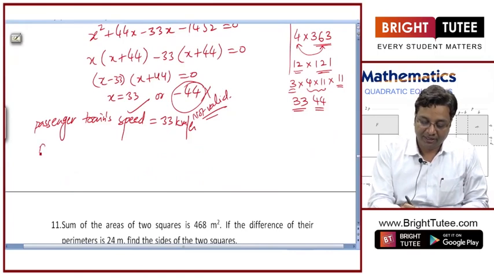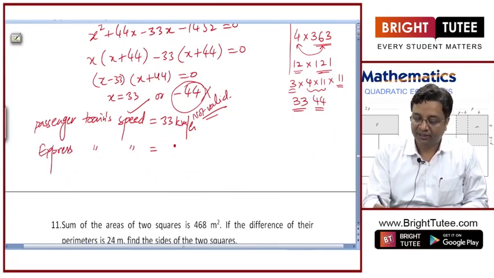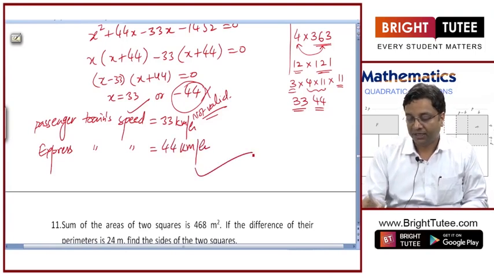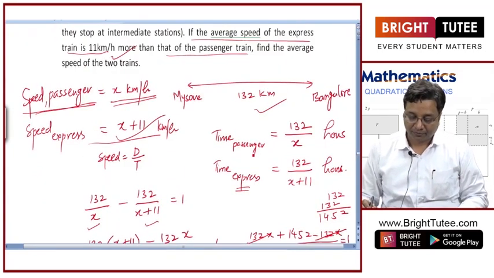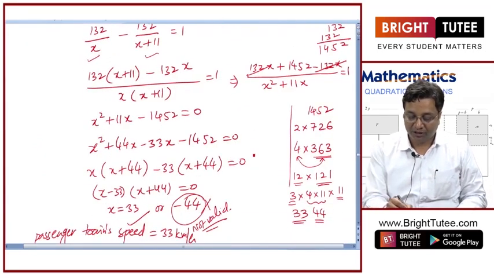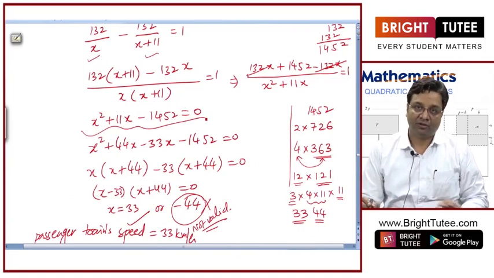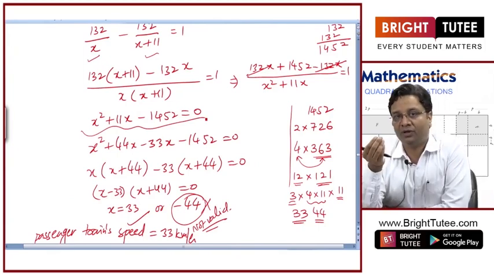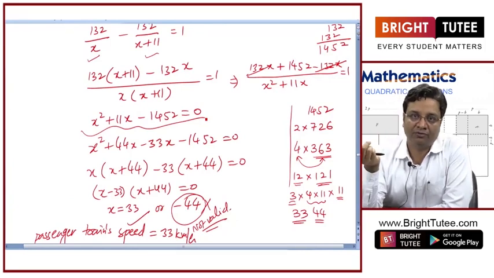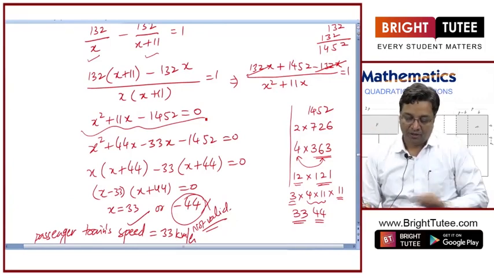That is, the express train speed will be 33 plus 11, which is 44 kilometers per hour. So this is the final answer, right? I have solved this quadratic equation through middle term splitting or the factorization method. You could have solved it using completing the square or the direct quadratic formula, right? Okay.